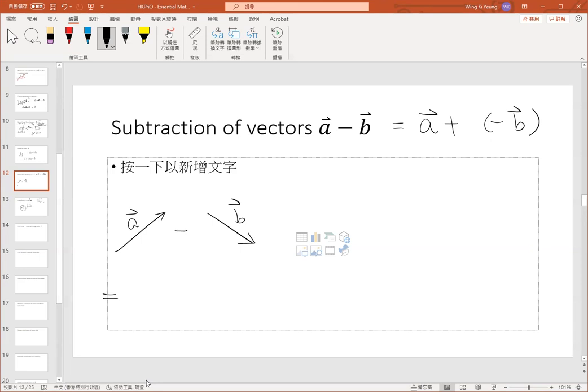Just try to draw it on a piece of paper and tell me how you do the subtraction in this case. Remember that to do the subtraction, you first of all need to consider it as vector A plus negative B.